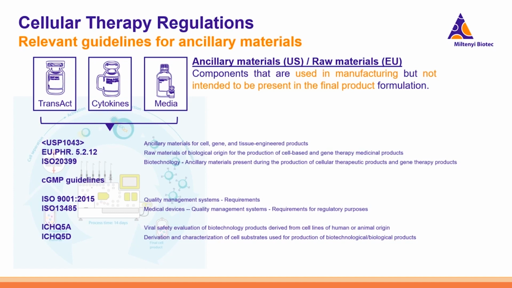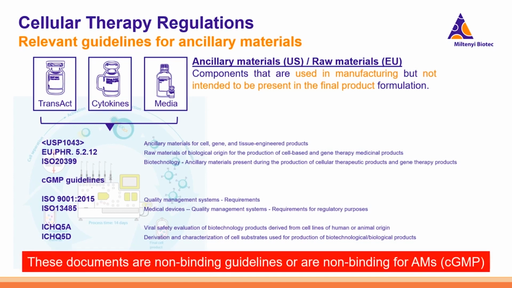Very often CGMP guidelines, at least in part, are used for the manufacturing of ancillary materials. There are ISO guidelines describing quality management. And if you have cytokines which are derived from a mammalian source, also ICH guidelines for virus safety are relevant. But what you need to know is that these guidelines are all more or less non-binding for ancillary materials, like, for example, the CGMP guidelines.